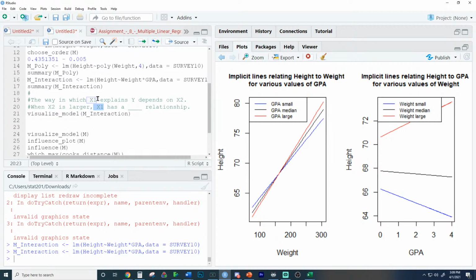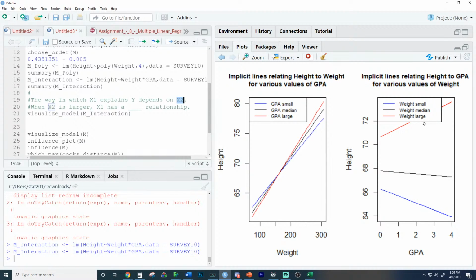So let's look at this again right here. We have the answer right here, which we have to plug in the variables for, and also we have to kind of look at the graphic and think about it. And we can also look at this mathematically here in a moment. But the way in which we have x1, which is GPA, explains y, which is somebody's height, depends on x2, and here's where we're doing the depends, like this will change the relationship of GPA with height, so it depends on the weight coefficient, which is x2.